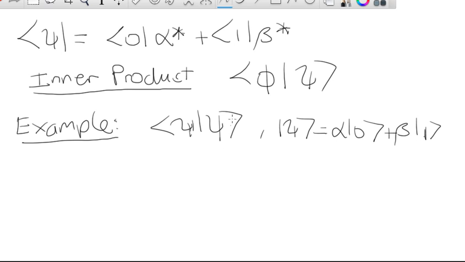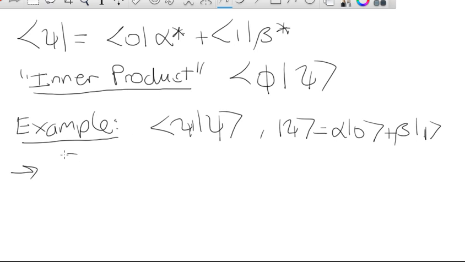If we want to calculate this, we need to find the ket, which we have defined there, but we also need the bra, which is just defined up here. So we're looking at the inner product. Essentially, what we want to do is multiply this bra by this ket. So let's do that and see what we get.